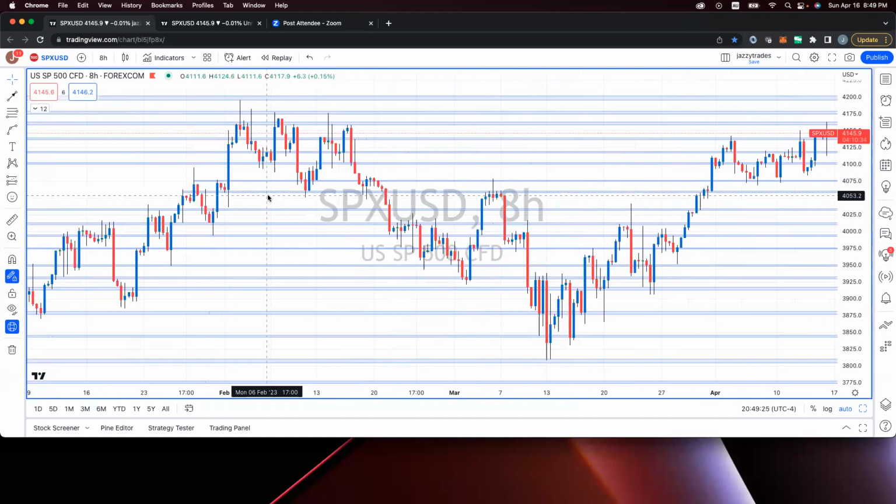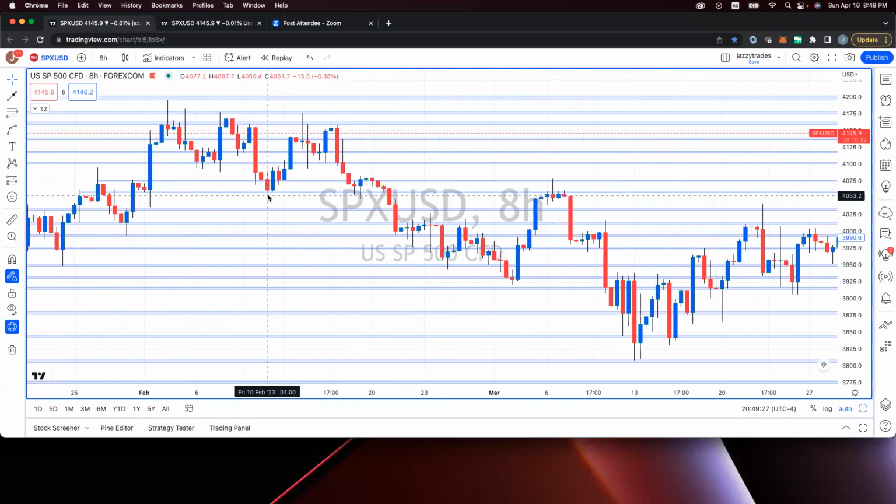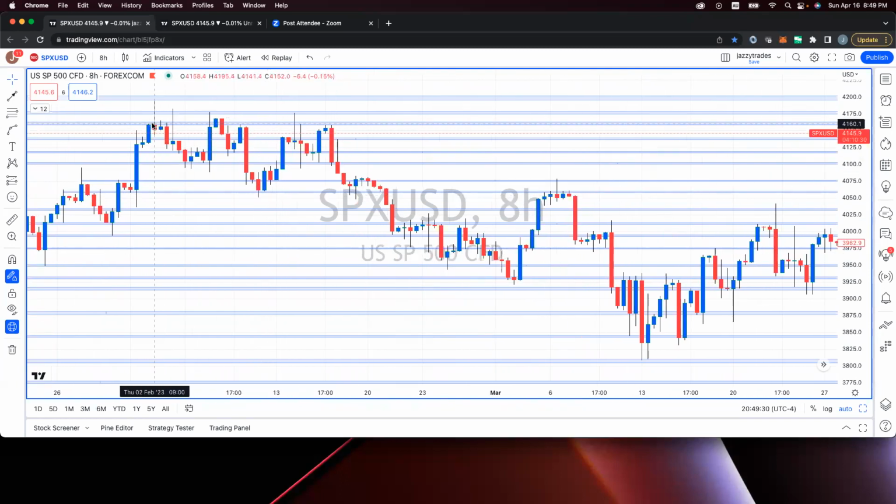If you count the number of taps from February in the 4160 area, look at the amount of rejections. All these candles rejected here. Another rejection. Count these as 1, 2, 3, 4, 5, 6, 7, 8, 9, 10, 11, 12.